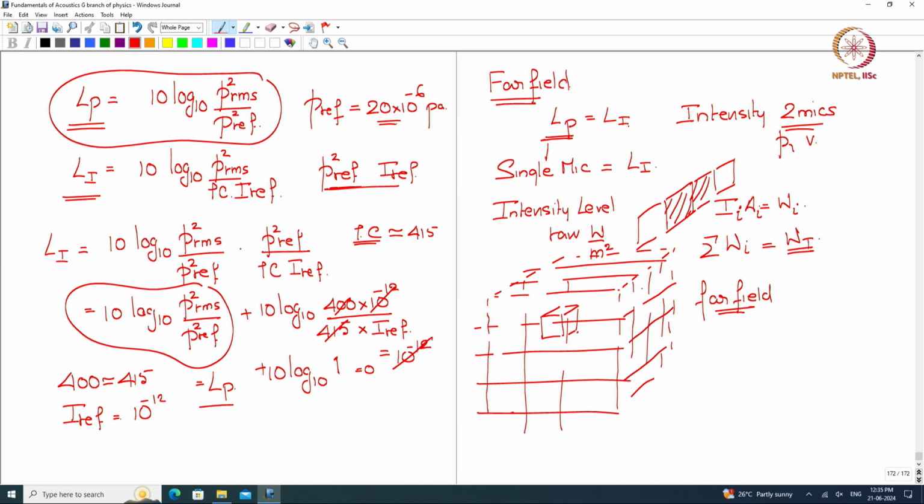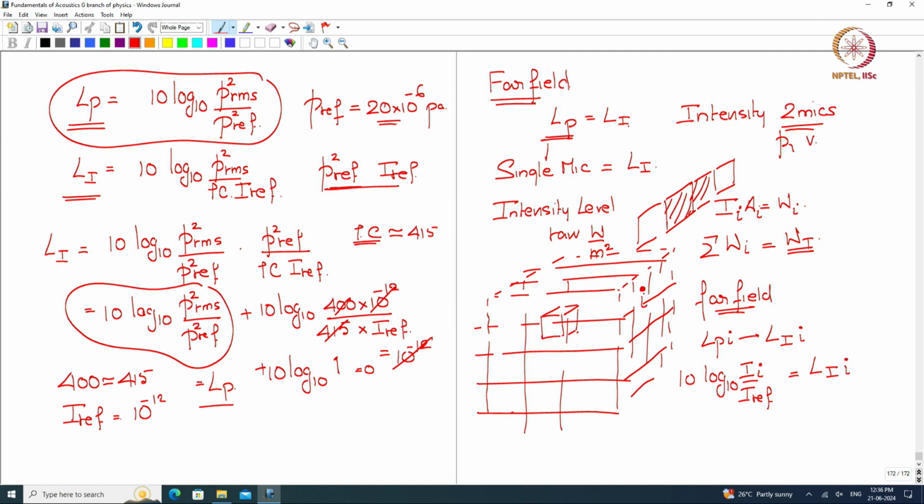Then you go and take a measurement at a point, you get an LP at the ith location. That itself I take as the LI at the ith location. That means 10 log to the base 10 of I by I reference is equal to LI at the ith grid point.